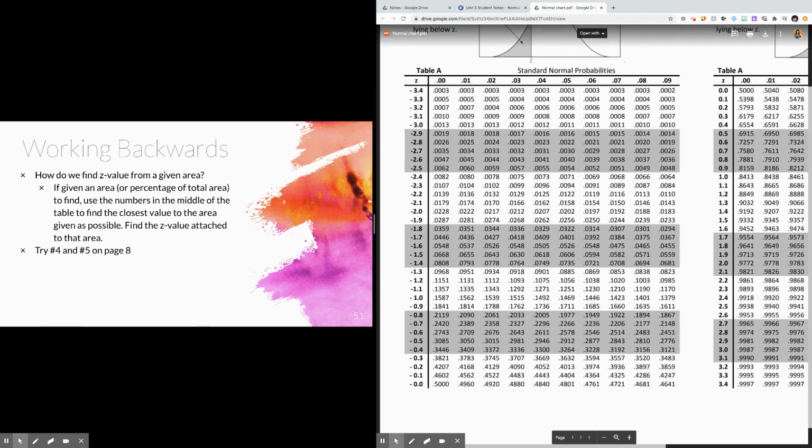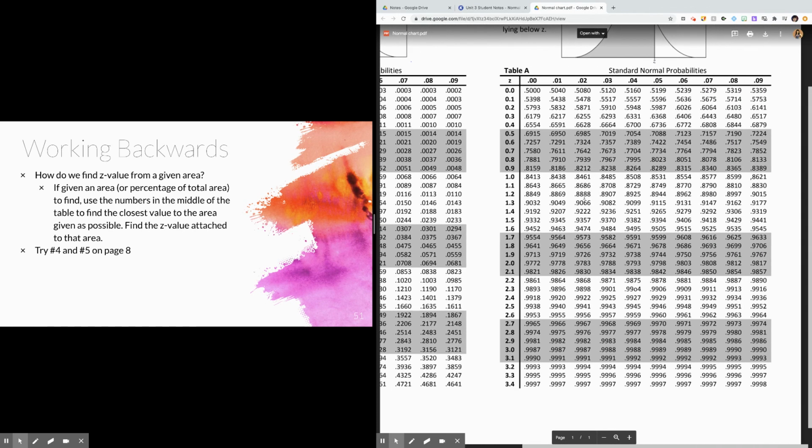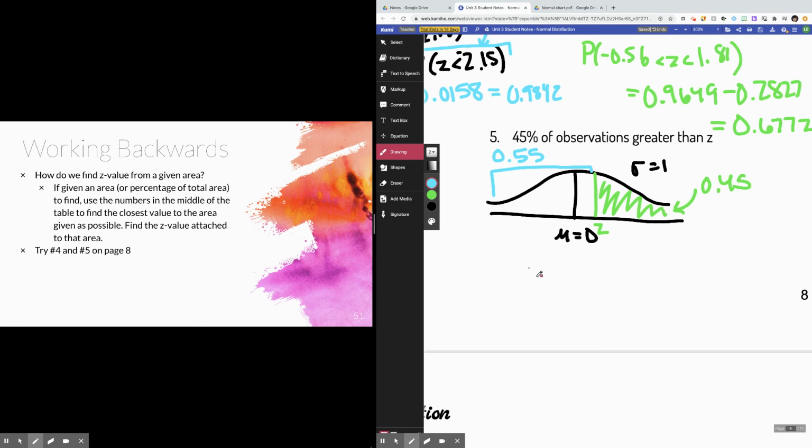So I'm going to scroll over and find the value that's as close to 0.55 as I can, which looks like this value right here, 0.5517, and my z value associated with that is 0.13.